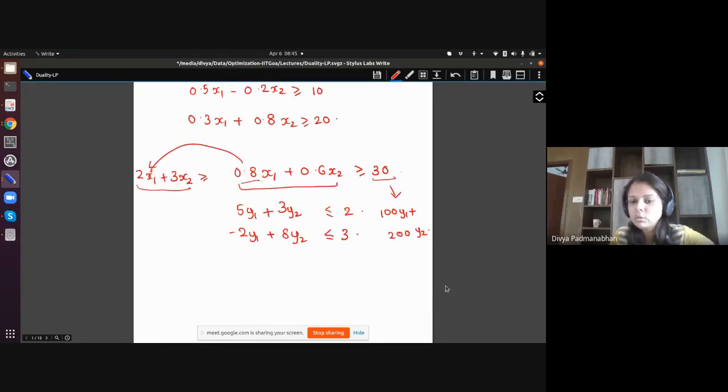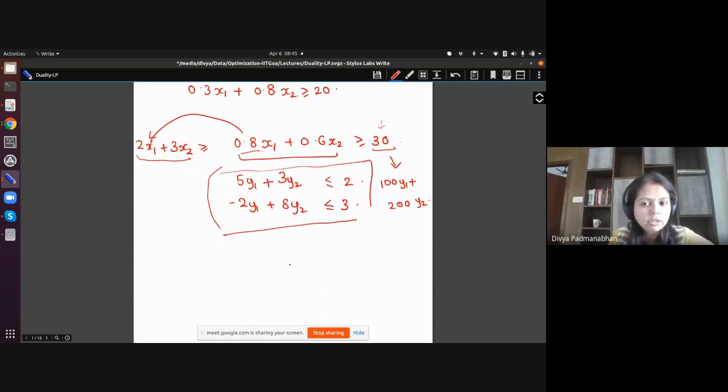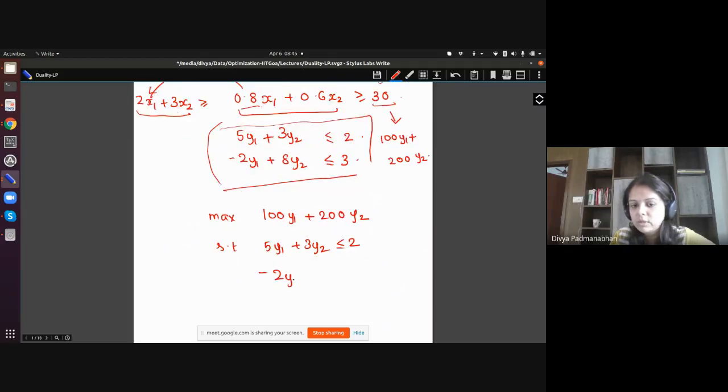Okay, so now what we are trying to do is, you want these to be maintained so that you are guaranteed to have a lower bound, and you want this number here to be maximized. Then you get what is called the dual problem, which is, you want to maximize 100y1 plus 200y2. So that's the best you can do. So maximize 100y1 plus 200y2 subject to 5y1 plus 3y2 less than or equal to 2, and minus 2y1 plus 8y2 less than or equal to 3.